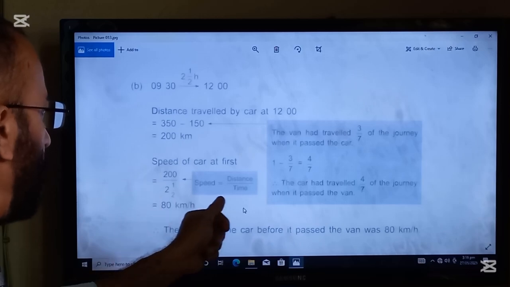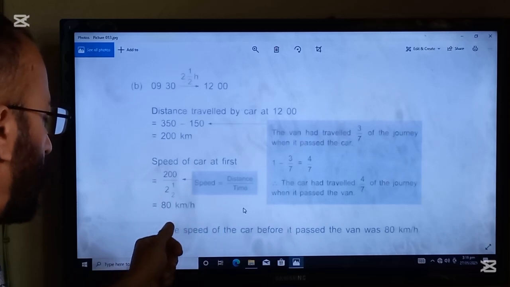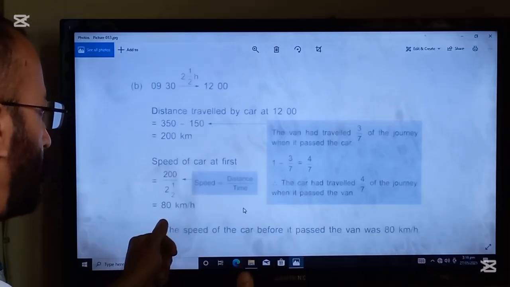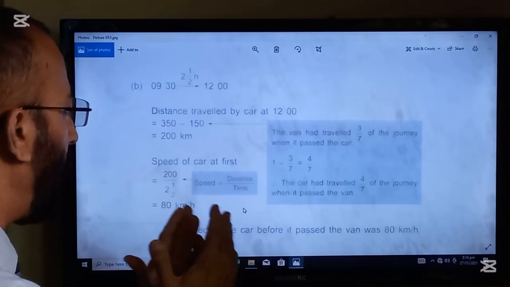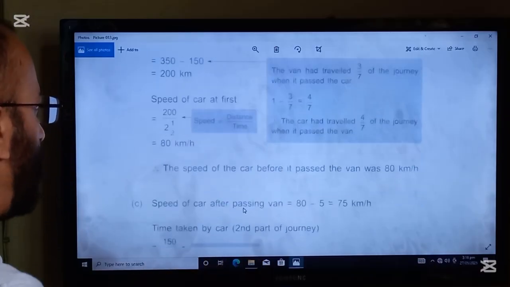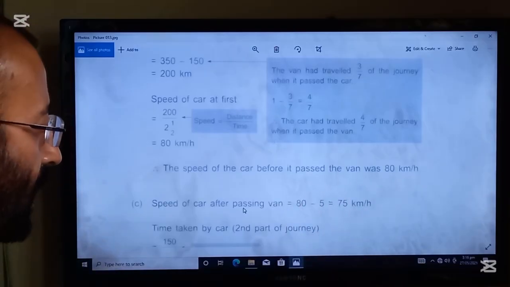So putting these values into the formula and solving it on the calculator will give us the answer. So the speed of the car before it passed the van was 80 km per hour.